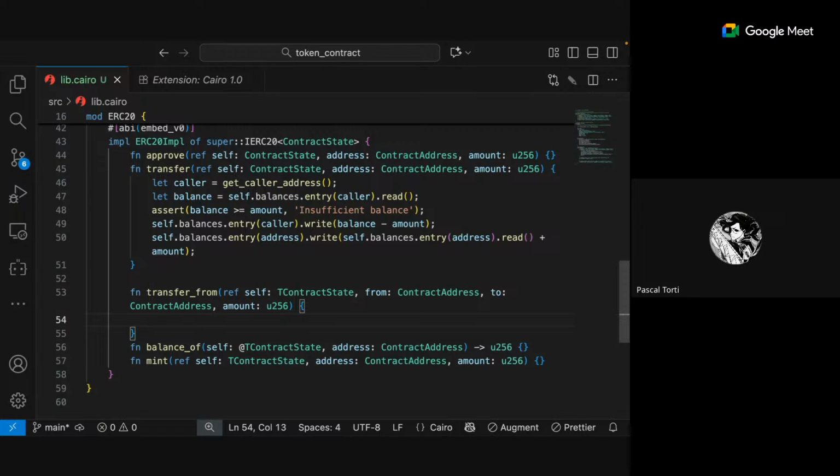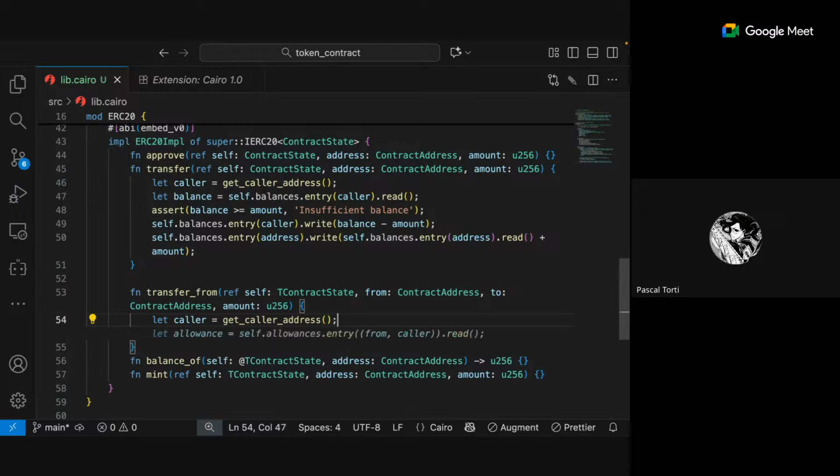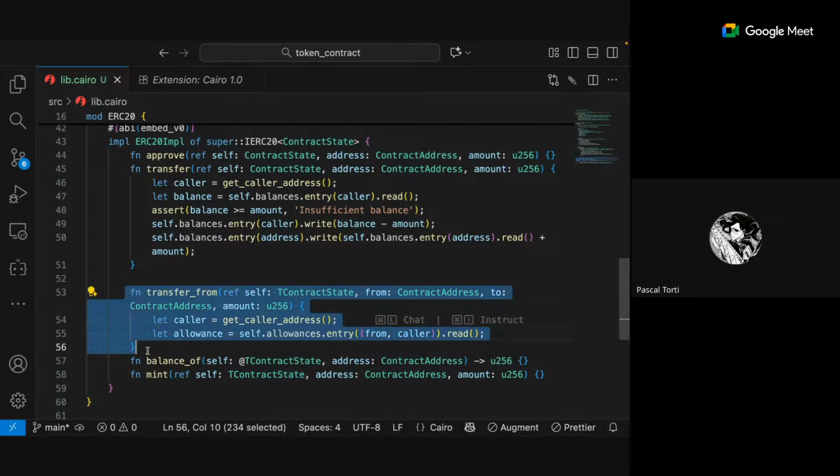So, like we did with his brother above, we get the caller. Let caller equal get caller address. When we get this caller, we get the allowance to check how much this from actually gave me. I'm the caller, maybe a contract that calls this function as I send this amount of tokens from to.